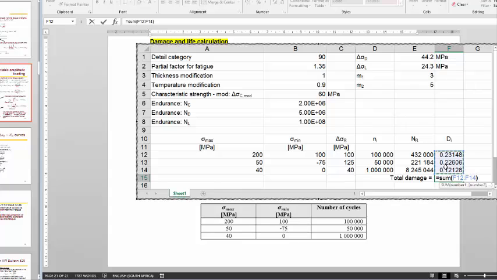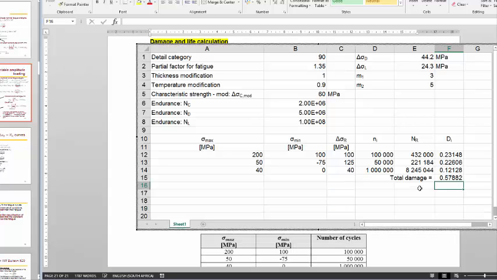That's the total damage. Now, that total damage, according to the information that was given to us, was done over a period. That's the period of the table that was given to us. The stress spectrum was 8 years.